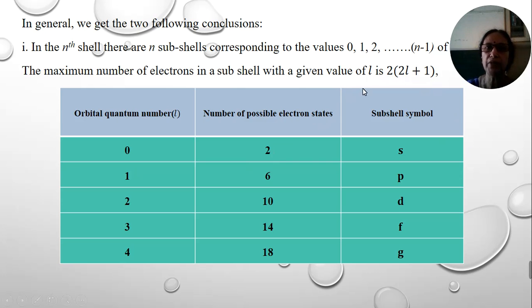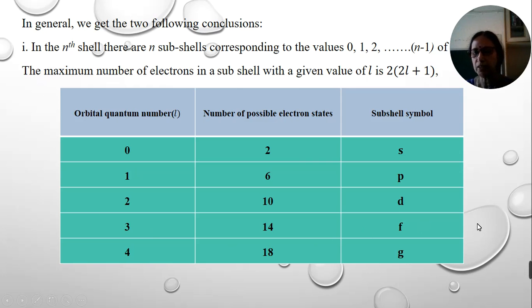When L is 0, we get 2. When L is equal to 1, you can substitute and check it out, you will get 6. Like this, I have listed a few values here, and the corresponding subshell designations in the last column. So this is the first conclusion made by Pauli.